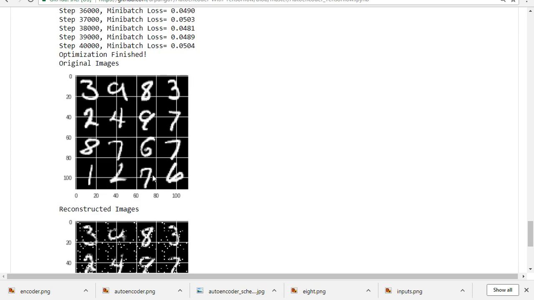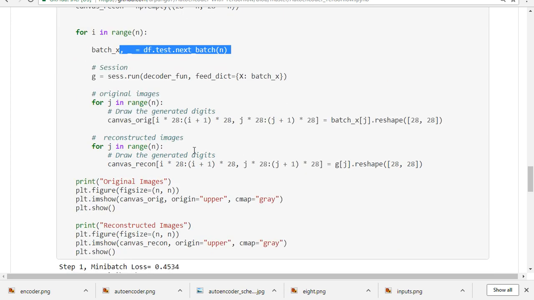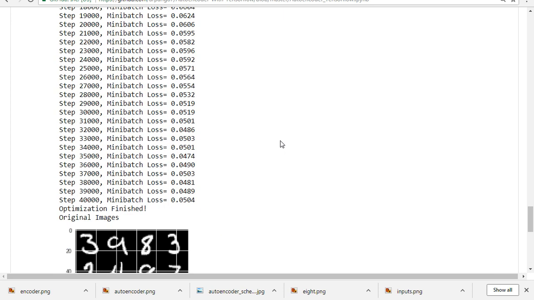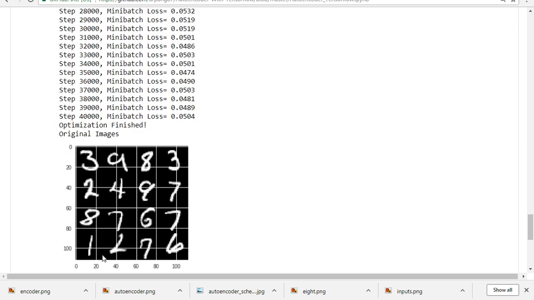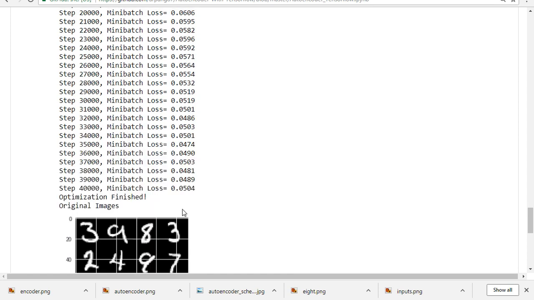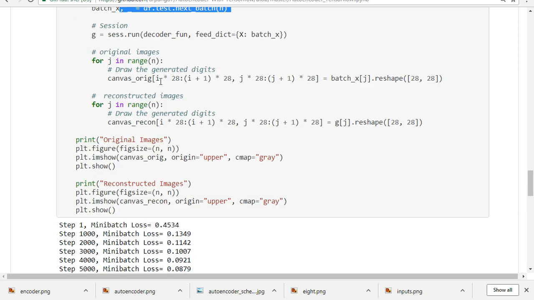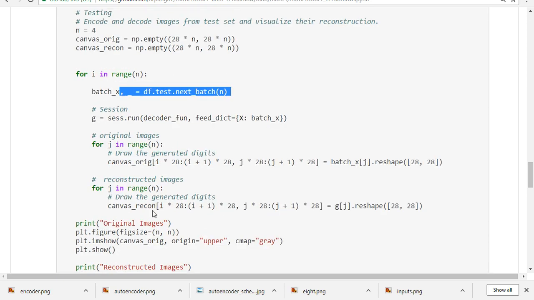And this canvas we have created because we don't have just one image, we have 4 by 4. So we have a canvas of 4 by 4, and each element is one image. That's why we are using this i and j in the loops. And the reconstructed images is this one, where g is this session.